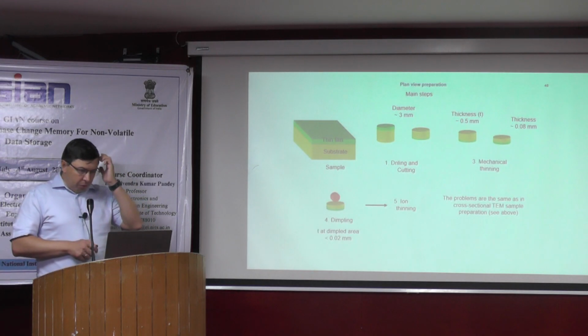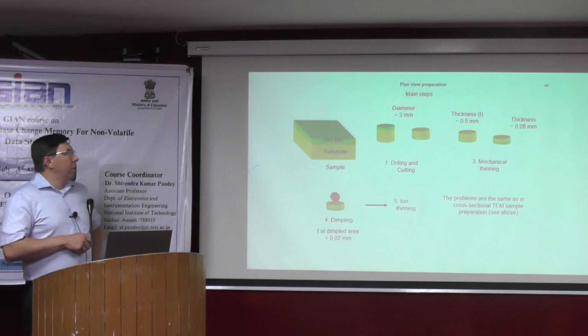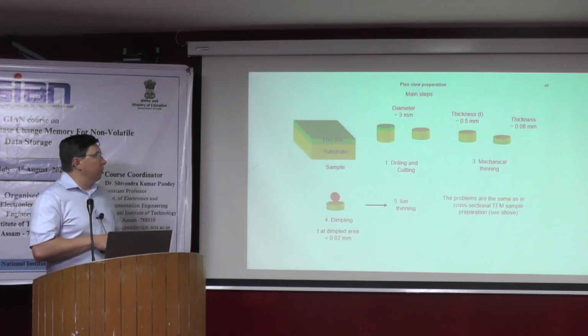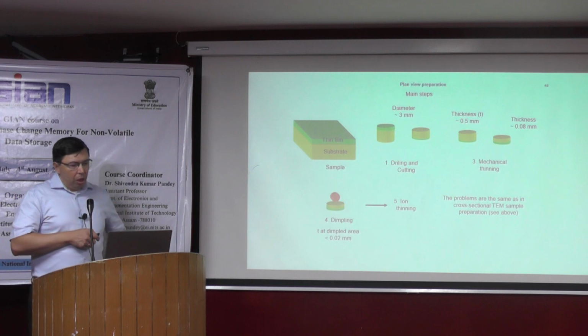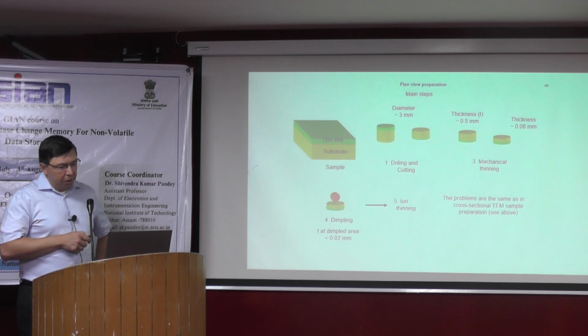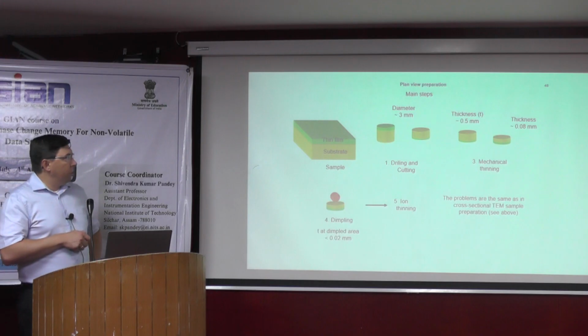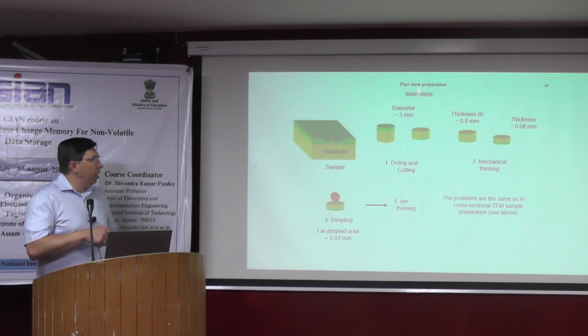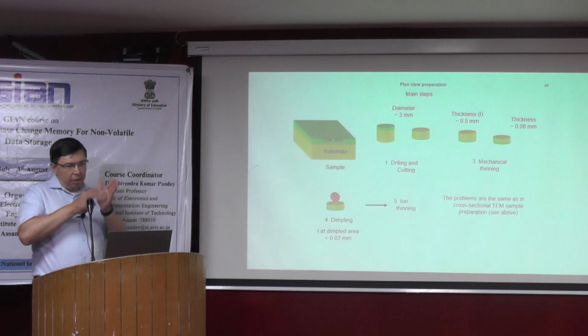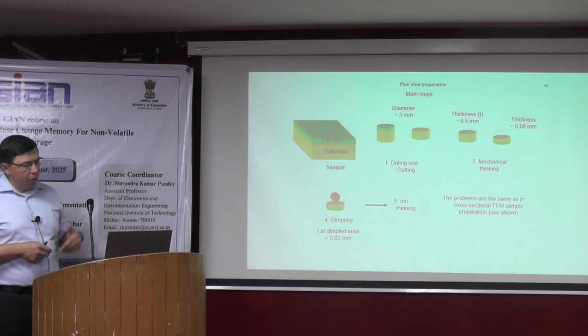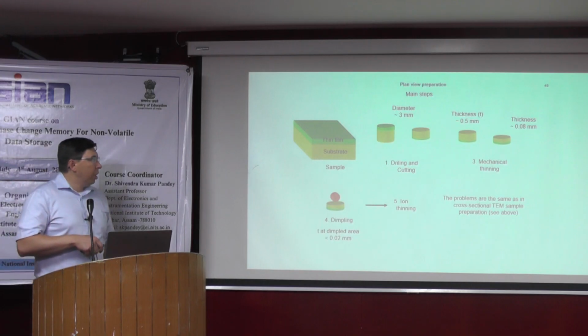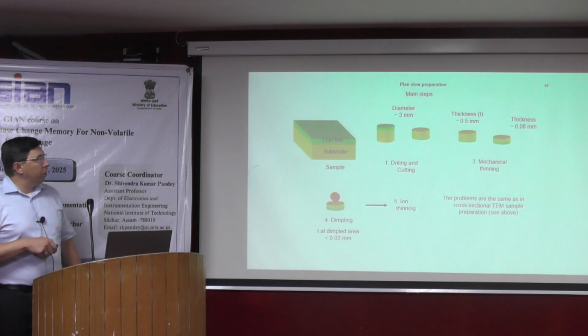Now the preparation of plan-view specimens. It is also based on ion beam, and this is pretty much the same as before. As for cross section, instead of using slice blocks and cutting your specimen into several pieces, you're interested in this surface, and you cut your block by a special machine.